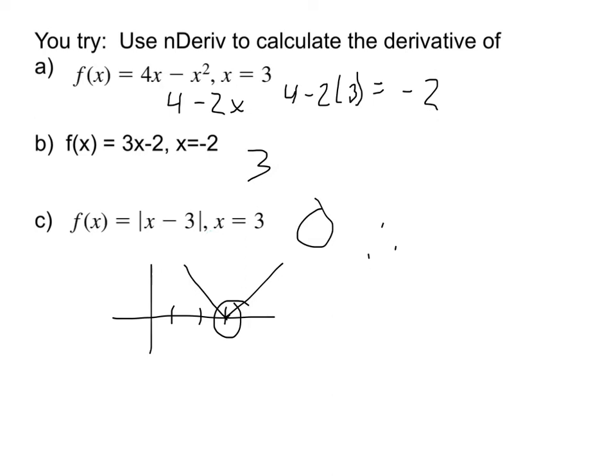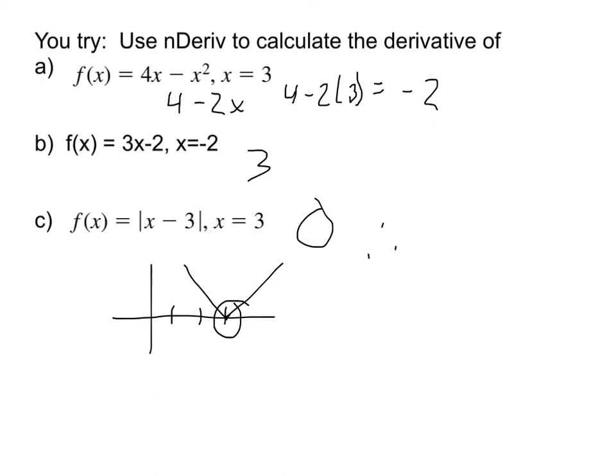Or is there some sort of vertical tangent line there? Or a vertical asymptote? We can't have a vertical asymptote either, so just be careful when you're using it. Like I said, it's a great tool, wonderful most of the time. You can also use nDerivative if you want to graph a derivative.